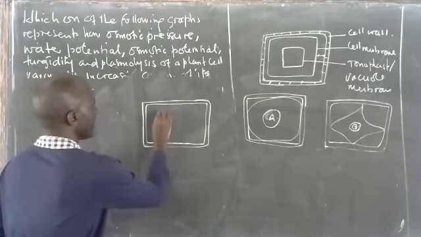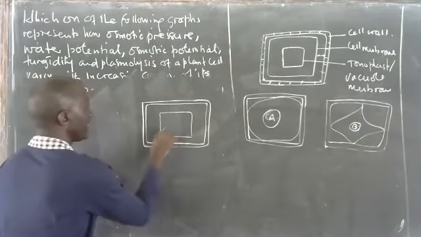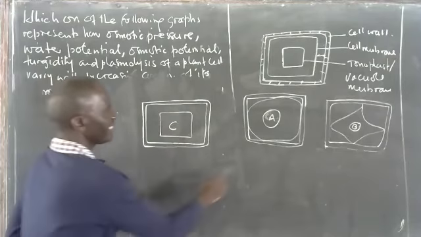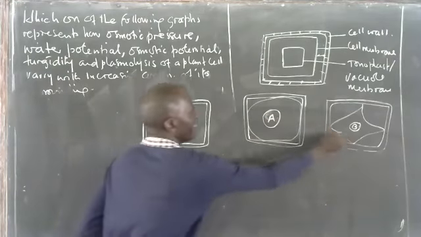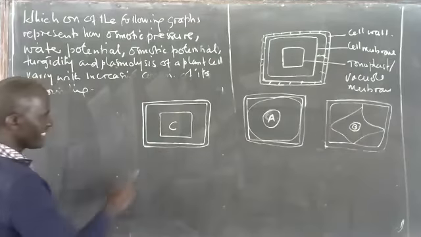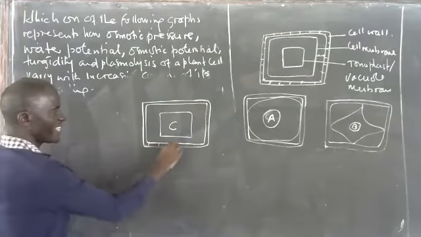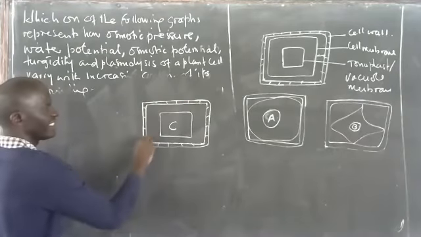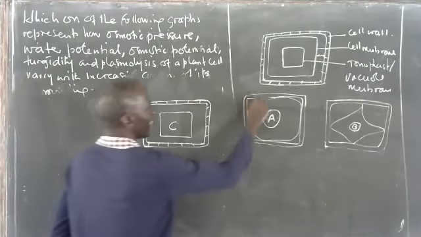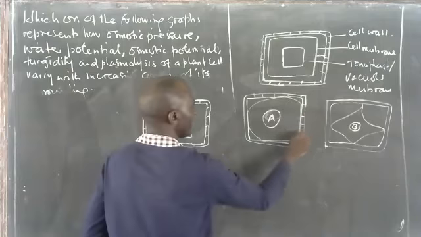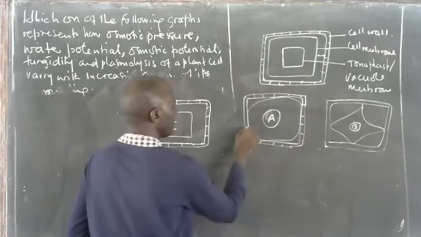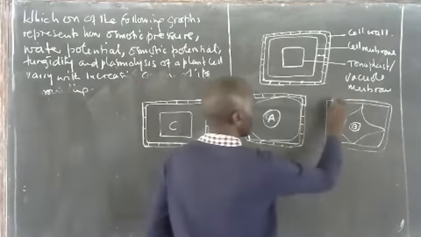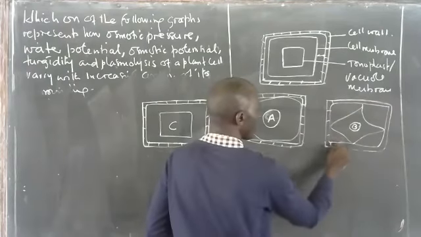And then I have something like that. This is C, this is A, this is B. This one, this is the wall. Like here, this is the wall.